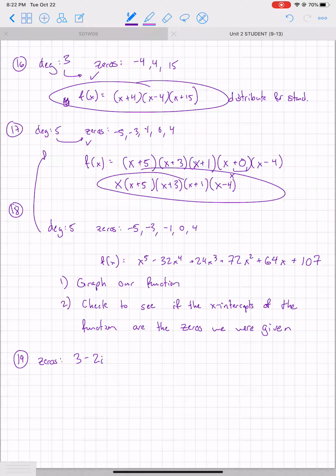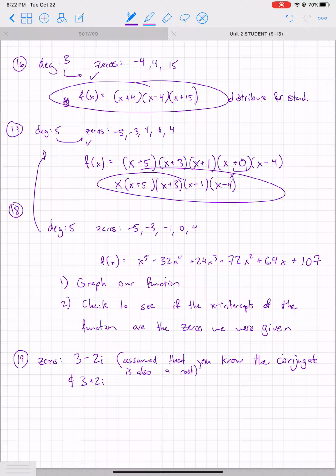I usually only give you the positive one, and then you have to know, all right, assume that you know the conjugate is also a root. Which means it is also 3 plus 2i, and all you change is that middle sign. So complex zeros always have to come in pairs.